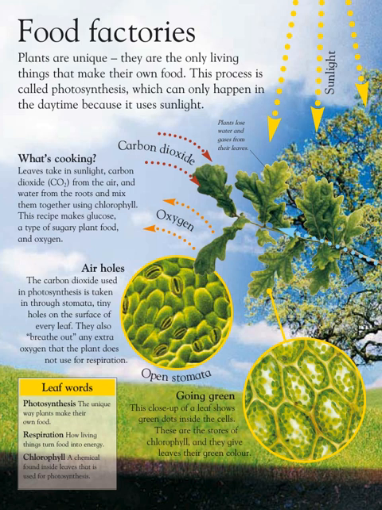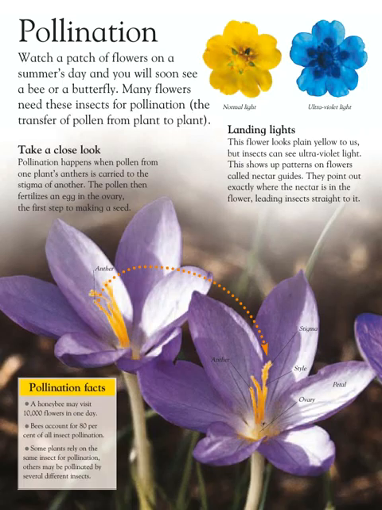All right. We're going to go to our next page. Pollination. Do you know what pollination is? Okay, so here is another part of our plant. What is this part called? This is the flower. Okay, so watch a patch of flowers on a summer's day and you will soon see a butterfly or a bee.